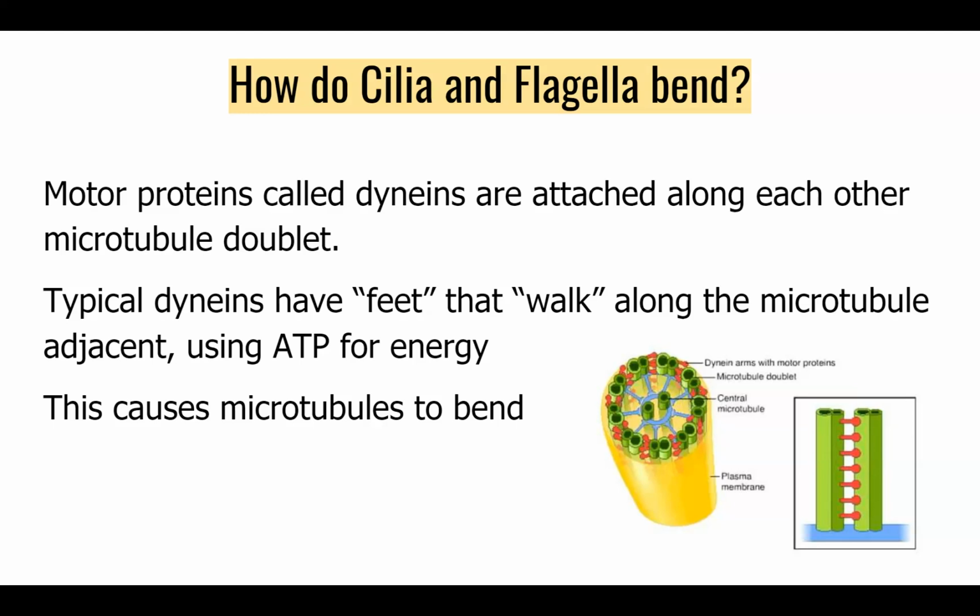Right here, we've got our microtubules and we've got our dyneins attached to them. What happens is one of these is going to lock up the other, and it's going to pull it down until eventually our microtubules bend. They'll go back and forth and back and forth and back and forth, and that's how we get our motion.